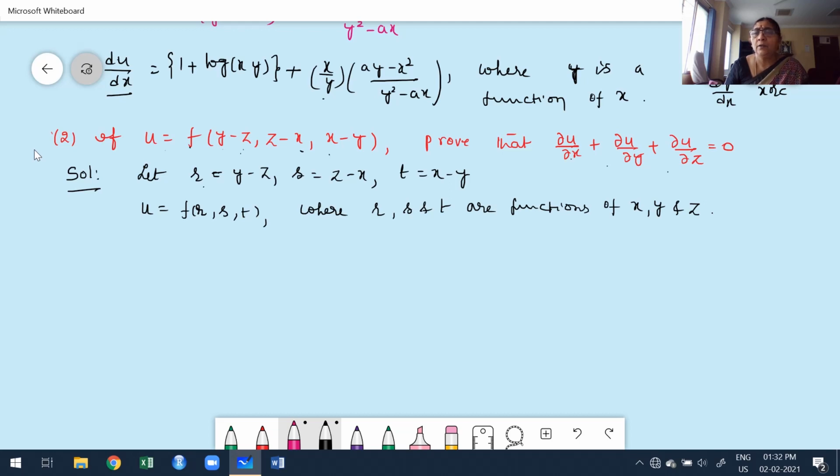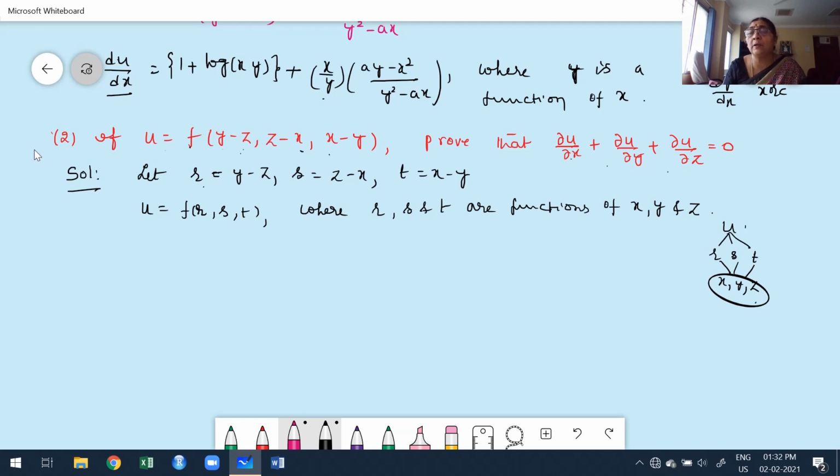Now observe, u is dependent on how many variables? 3: r, s, t. These r, s, t are functions of x, y, z. Therefore, the independent variables are x, y, z. u is dependent on more than one independent variable. Therefore, I can't go for total derivative, and you can't go for implicit function definition.